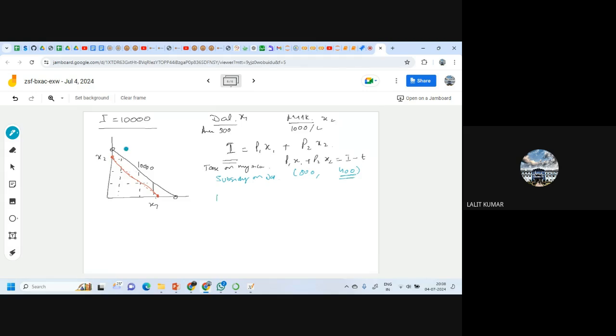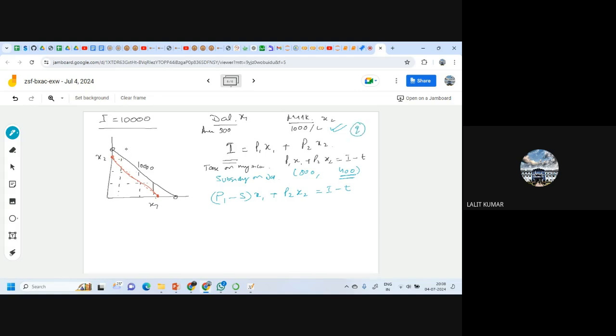This will become, now I'm writing with the text only, dal rate P1 minus the subsidy which I'm getting, X1 plus P2 X2 is equal to I minus T.